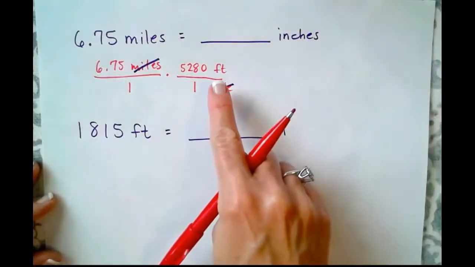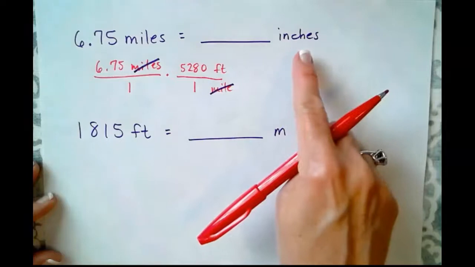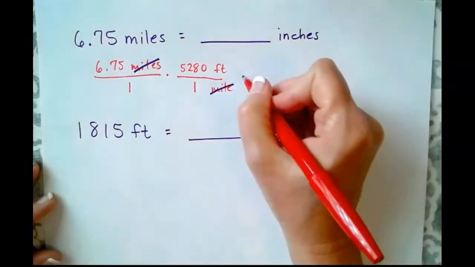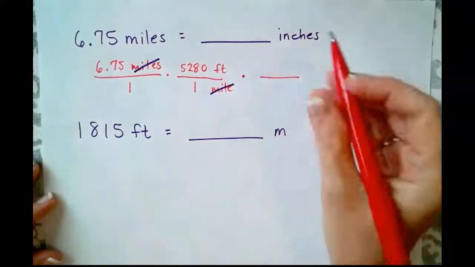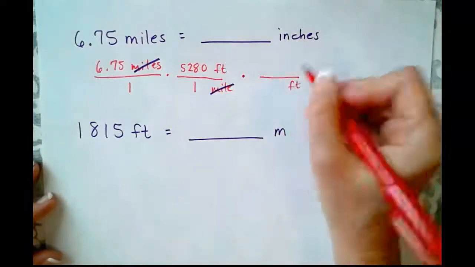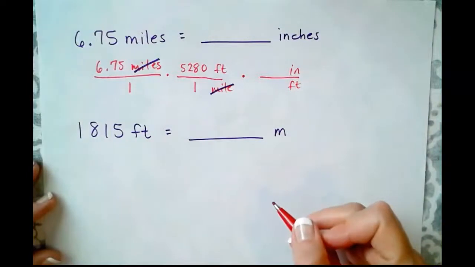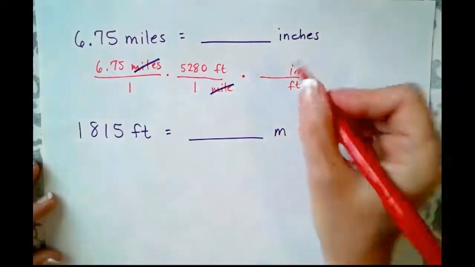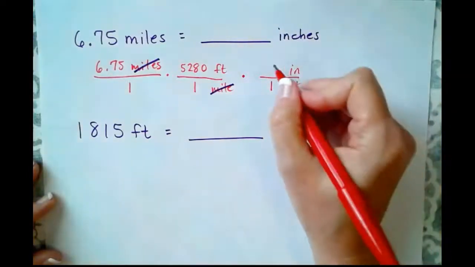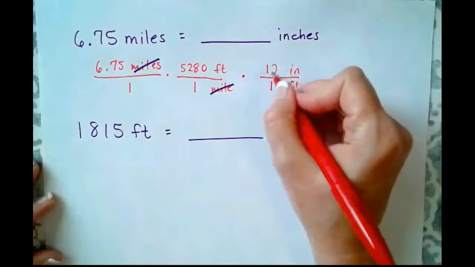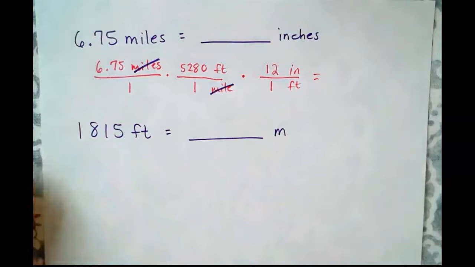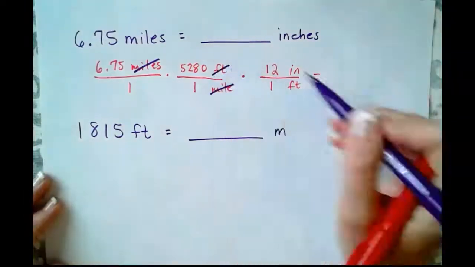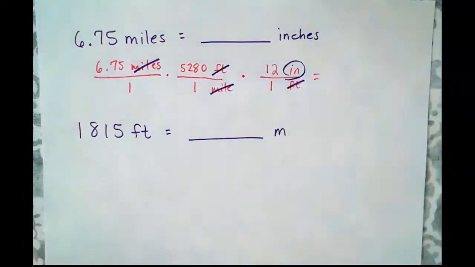I want feet to cancel because I'm still trying to get to inches. So I'm going to use a second conversion factor. Following my plan, I want feet to cancel. I want inches on the top. Hopefully everyone knows that 1 foot is equal to 12 inches. Now before we do any calculations, first let's cancel those feet because now all we've got left is what we want, which is inches.